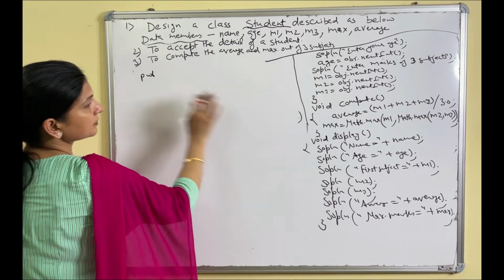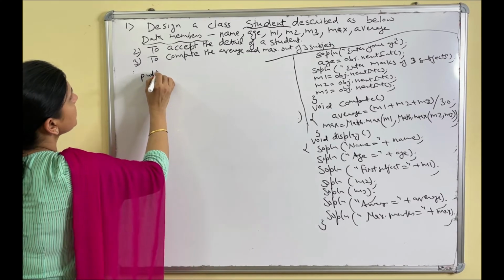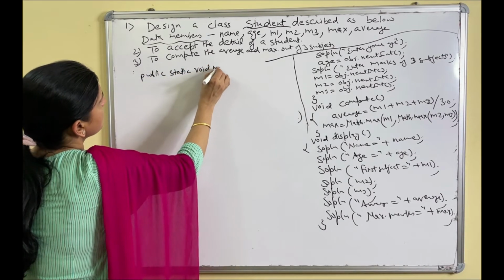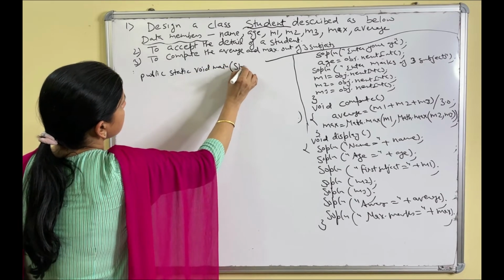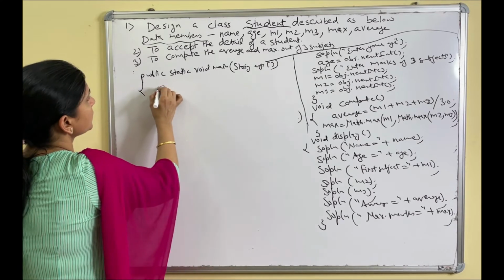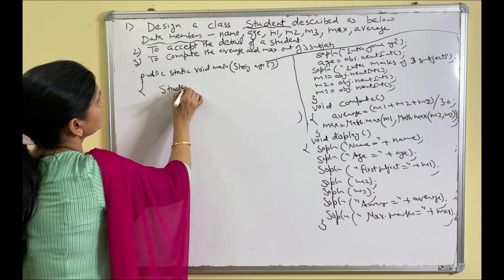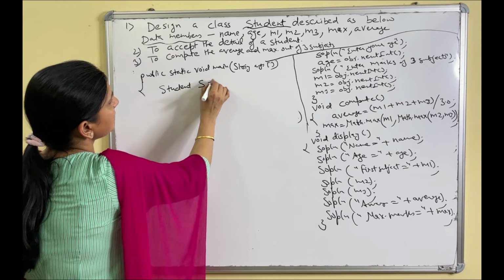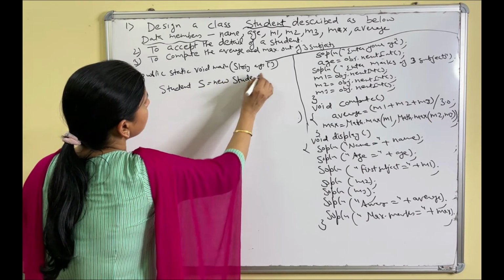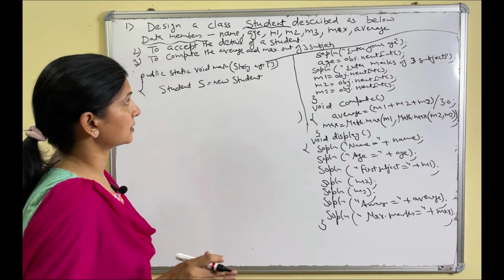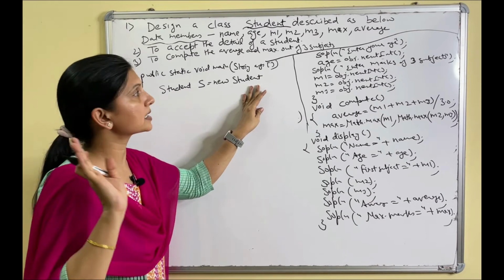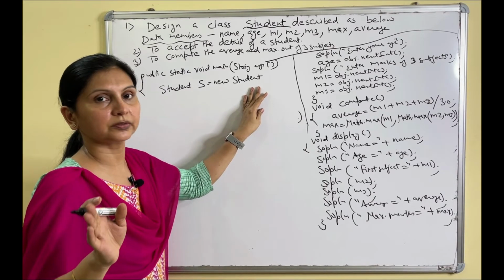After this display, public static void main String args, right? First we will create the object of class Student, Student s equals new Student, and we will invoke the parameterized constructor. If you remember, in the parameterized constructor we passed the parameters name, age, and marks of 3 subjects.